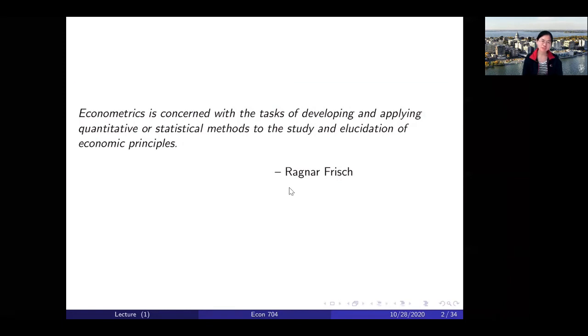There are many different definitions of econometrics. Different economists, different econometricians would define the subject differently. But let's look at an authoritative figure, Ragnar Frisch, who was the person who invented the word econometrics, and see what he thought econometrics should be.